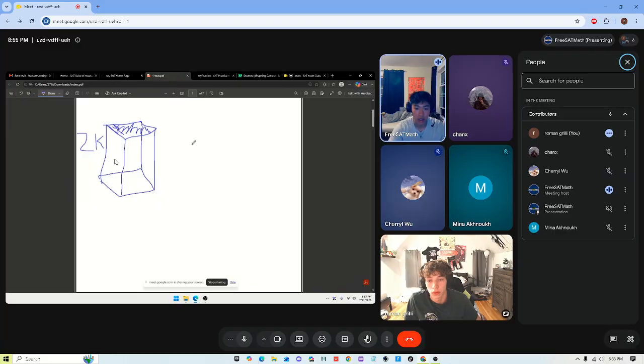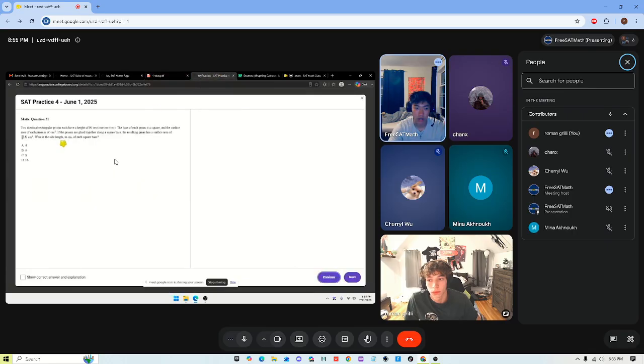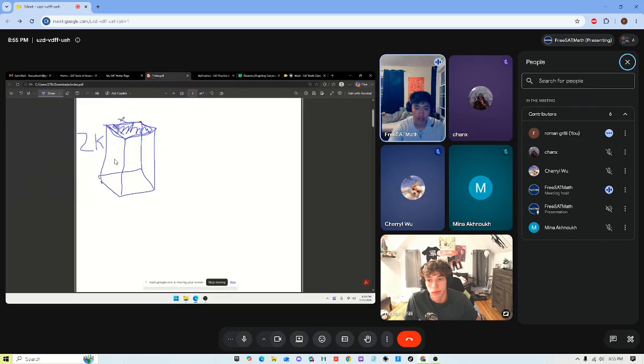So right now the surface area is made up of this value, which we can assign x, and then we know the height it gives us is 90.